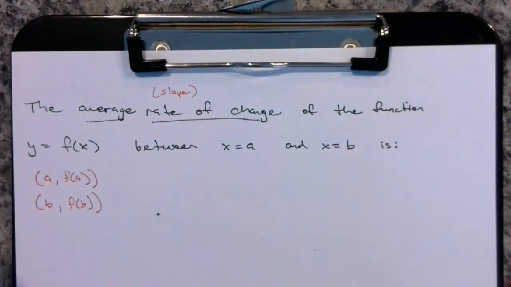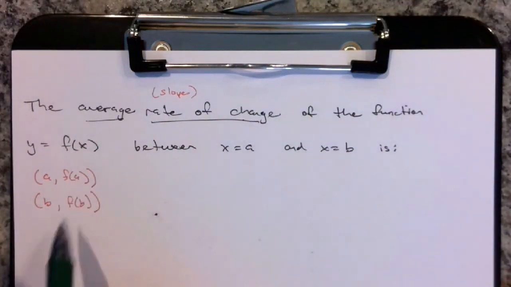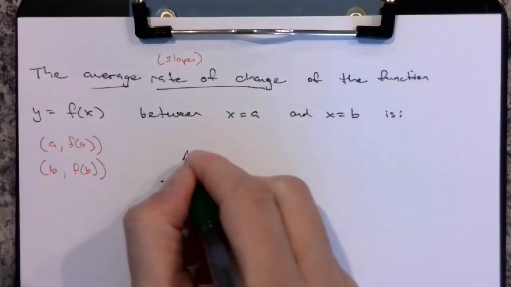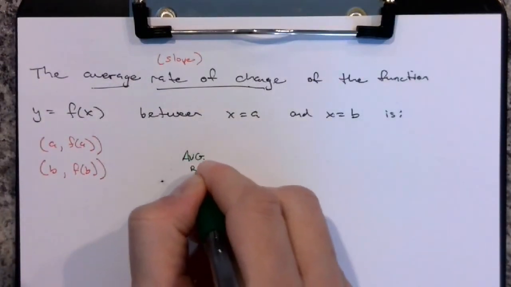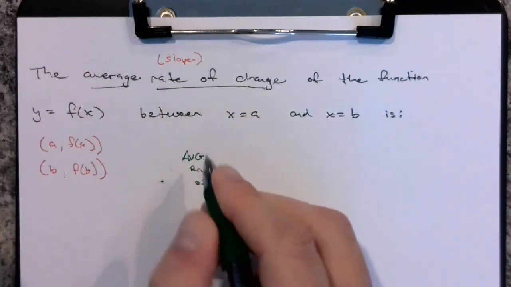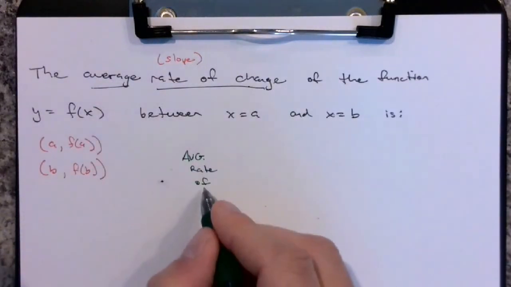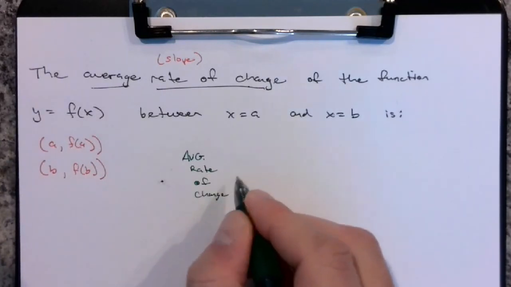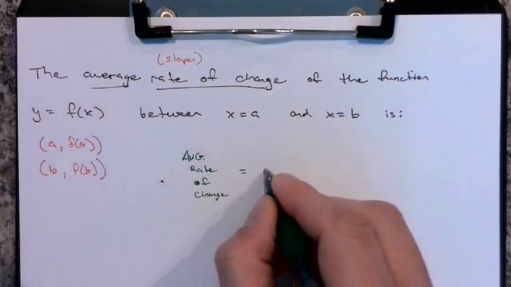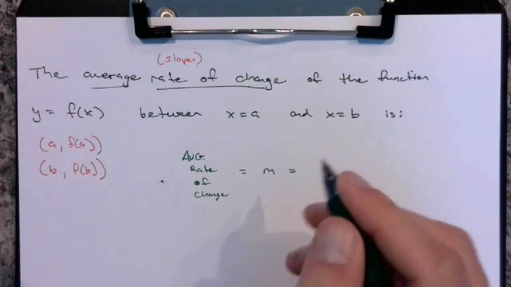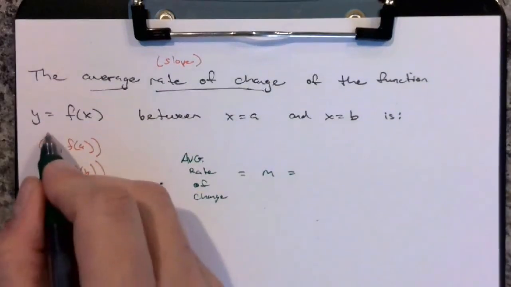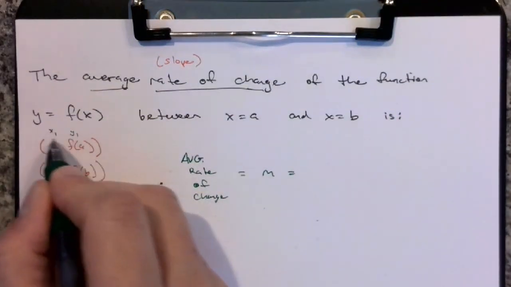But all that really means is the y value that goes with a, this means the y value that goes with b. So, doing that, we're going to follow our slope formula, right? So, if I say the average rate of change, by the way, average is very important here. If it says instantaneous, that means something else, right? So average rate of change, well, that's equal to the slope we said, which was equal to, remember how we did it. We said y2 minus y1 over x2 minus x1. Here I'm going to call this x1, y1.